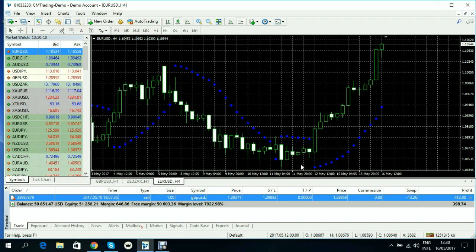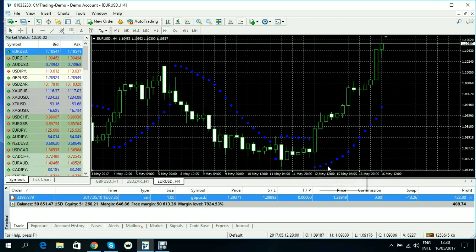So the opposite is true. When the dot appears below the candlestick, then it means that a buy signal is coming. So what do you do?